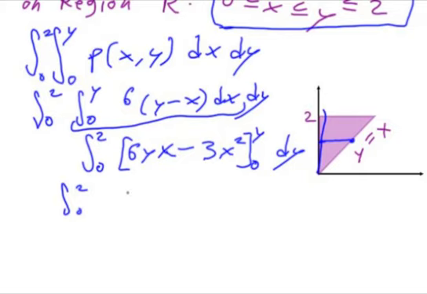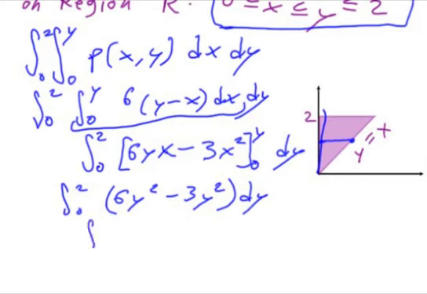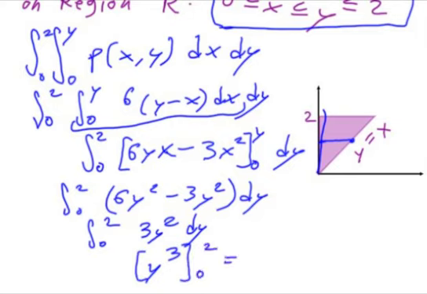Put in the y: this will be 6y times y minus 3y squared, minus plug in the 0, and you get nothing more. That simplifies rather nicely to 3y squared dy. The antiderivative is y cubed, going from 0 to 2. Plug that in, and we get 8. Notice that is not 1, so that means we do not have a probability density function.